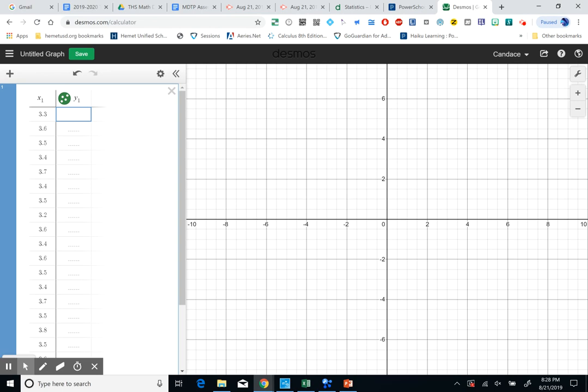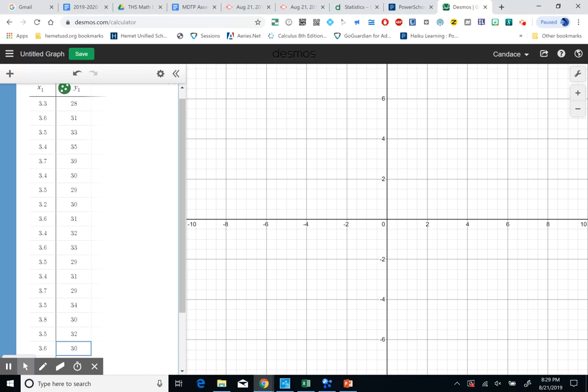If you haven't paused the video to get into Desmos, pause the video, get into Desmos, get those numbers in, and then in y1 also put the mothers' ages. I'm going to do that, and you should hopefully do that yourself. 29, 30, 31, 32, 29, 31, 29, 34, 30, 32, 30, 29, 28.